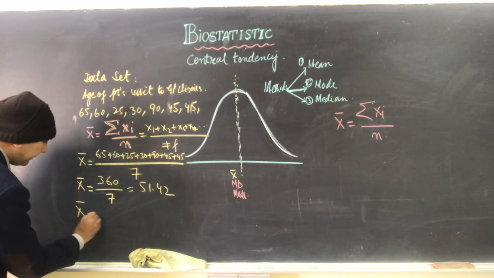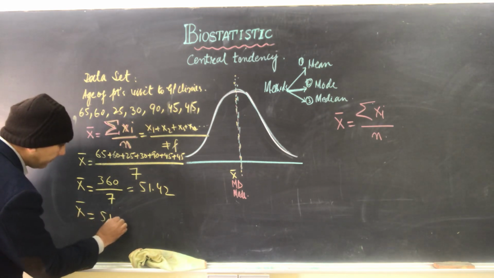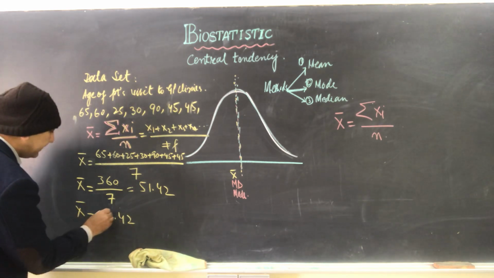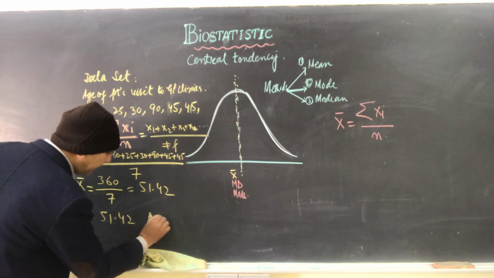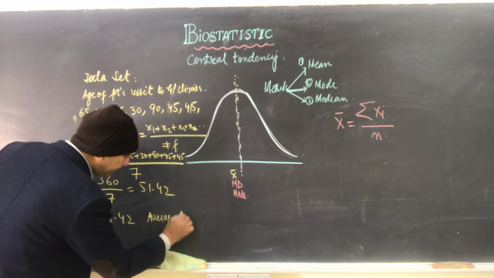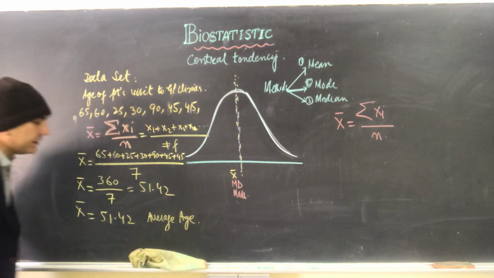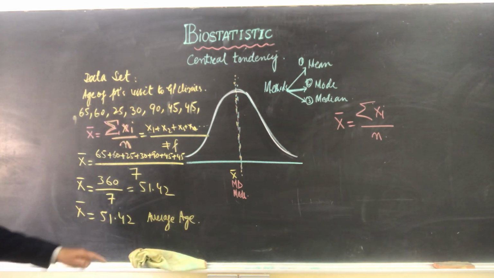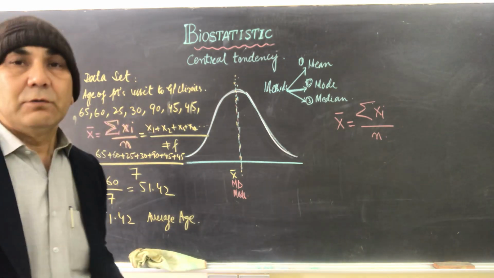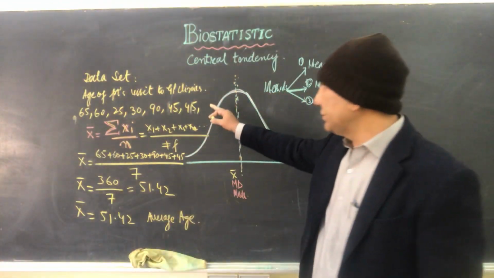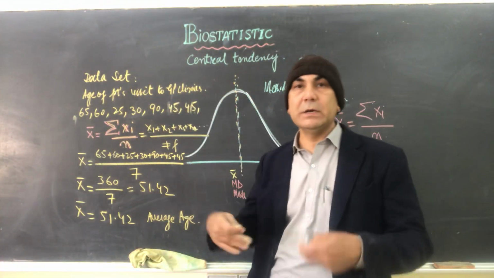X bar, 51.42, is the average age or the mean age of the patients who visited a particular GP clinic.